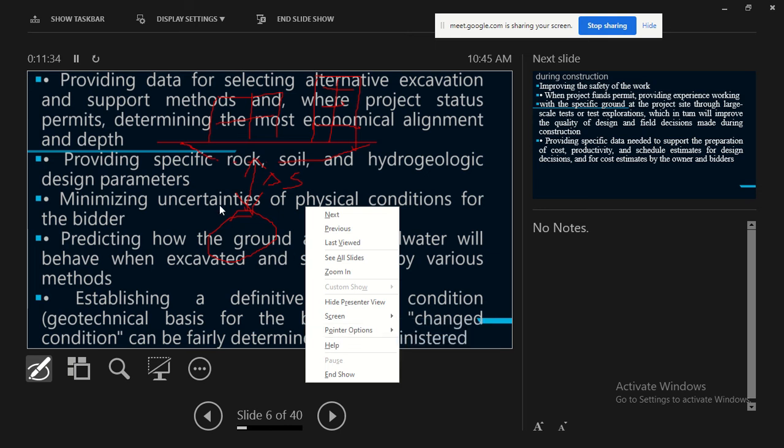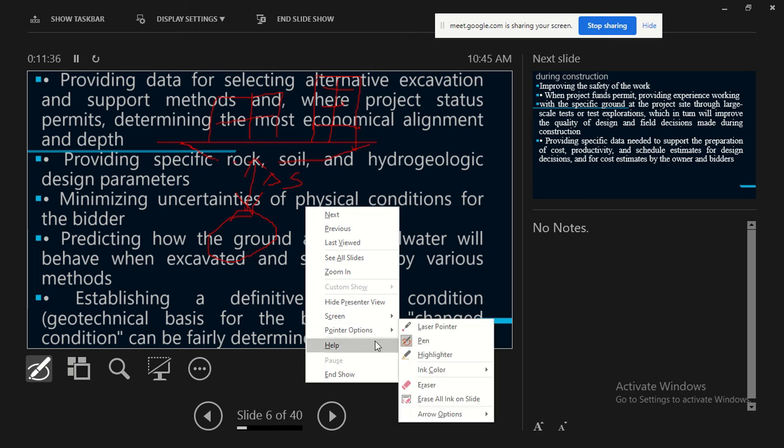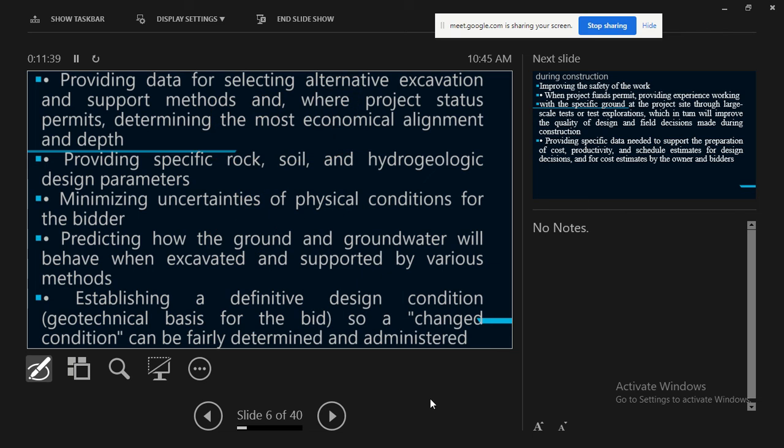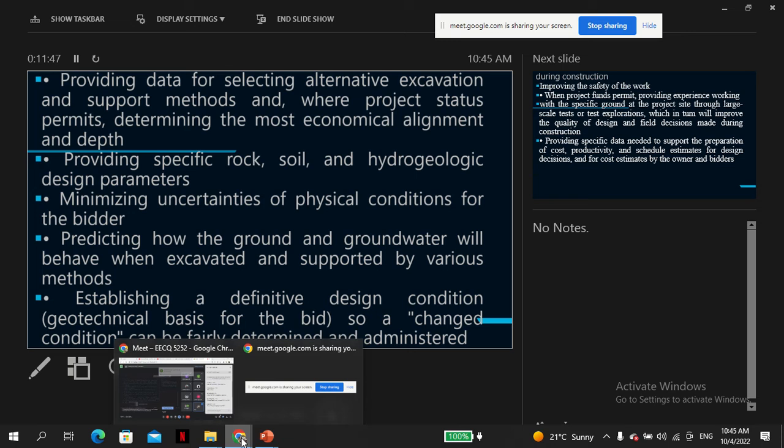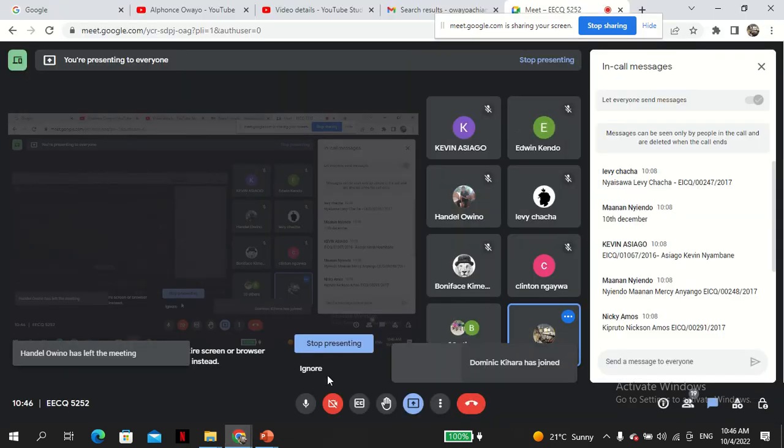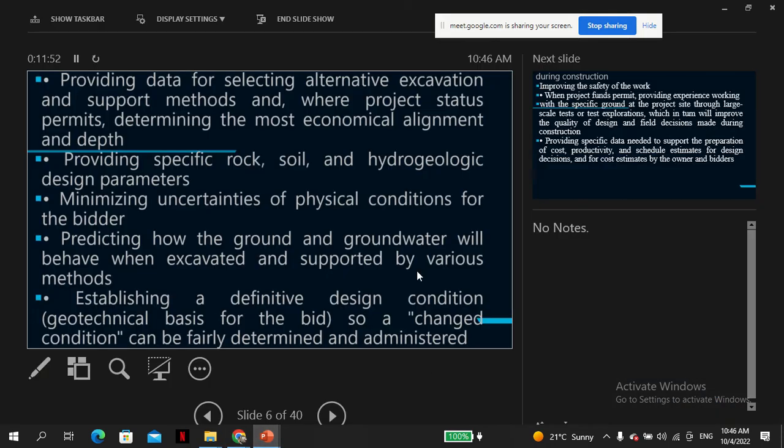So all these things you need to think about, because the activity that you're doing is going to affect others. You also have to think of how these activities affect other people, because you are not working in isolation. Establishing a definitive design condition or geotechnical basis for the bid, so a changed condition can fairly be determined or administered.